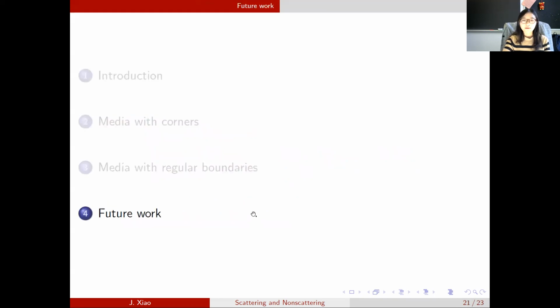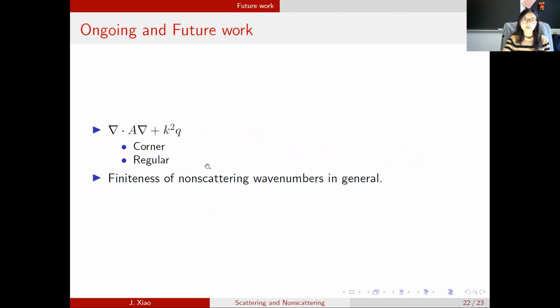Okay, so for future work, of course, this operator is really understudied. There are a lot of things not known. So first, for coordinate scattering, as I said, there are non-scattering examples, but we didn't really explore all those excluded cases where we cannot make a conclusion.